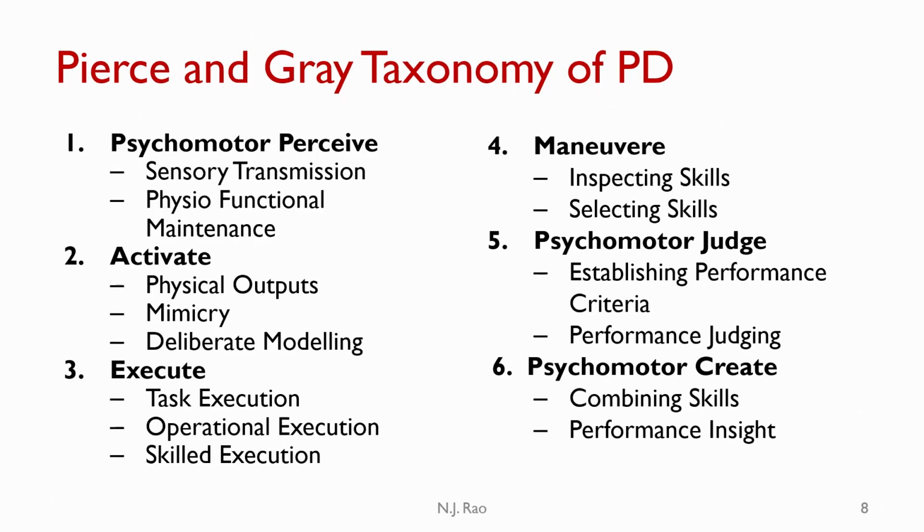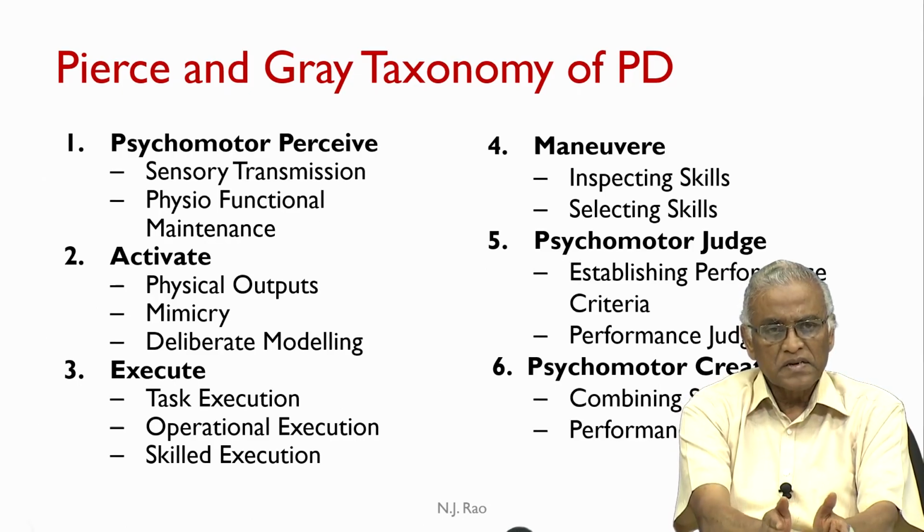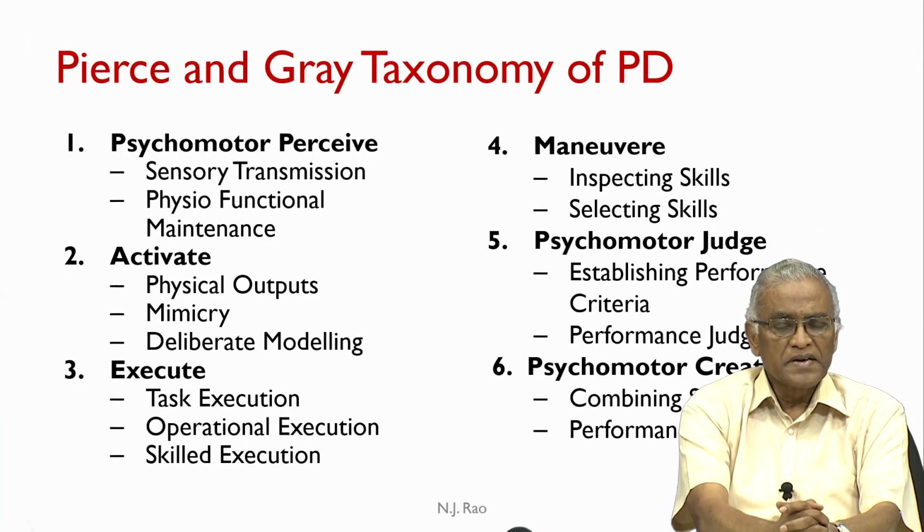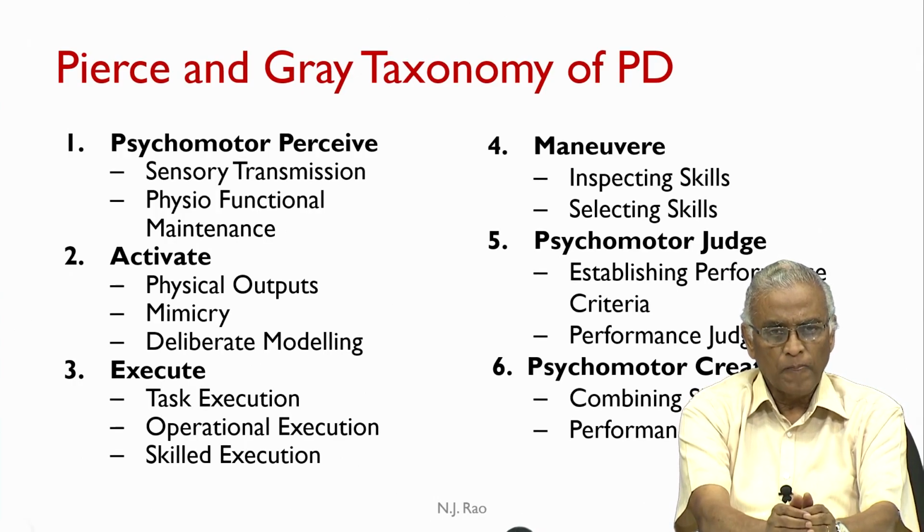Now the Pearce-Gray taxonomy of the psychomotor domain has 6 levels. You have psychomotor perceive, psychomotor activate, execute, maneuver, psychomotor judge and psychomotor create. Like in the case of the cognitive and affective domains, one can also identify the sub processes involved in each one of these levels.